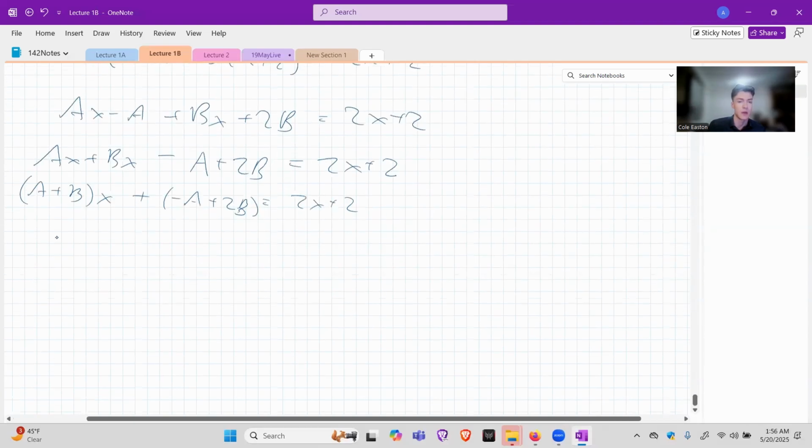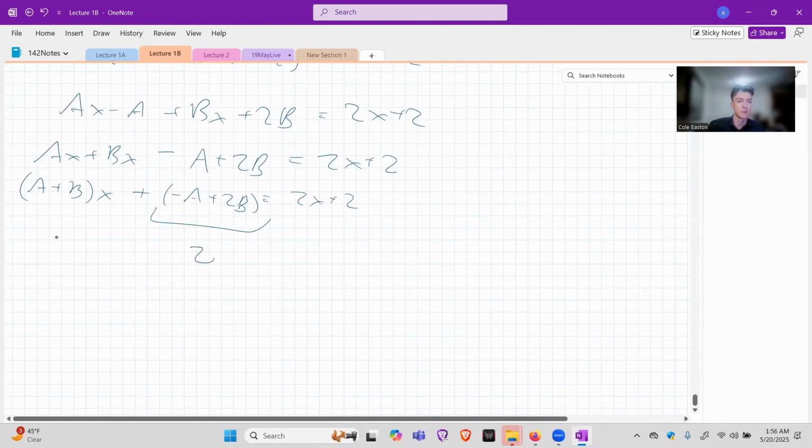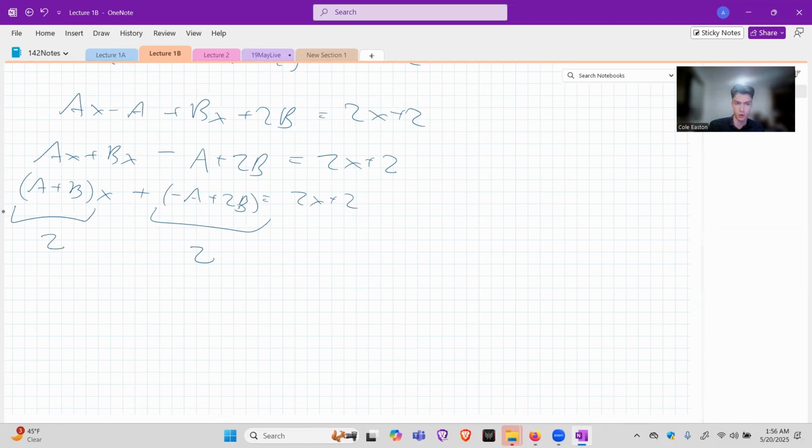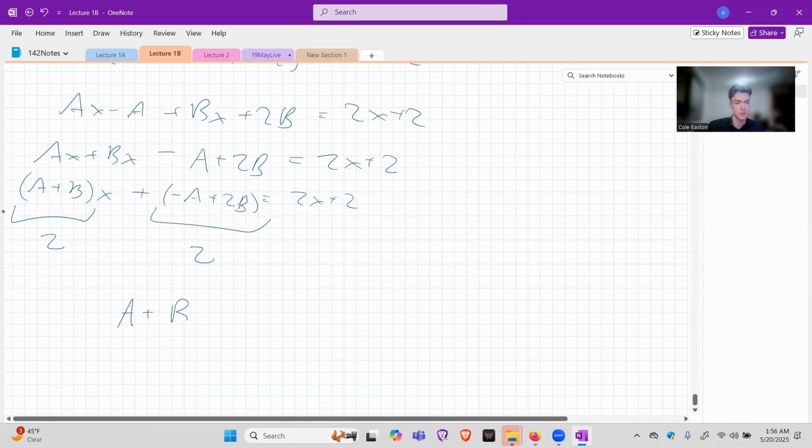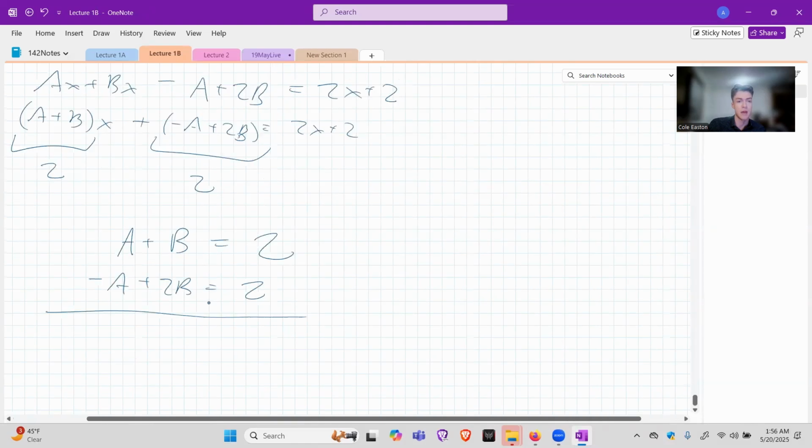And so we know that this right here is equal to 2, and this right here is also equal to 2. So one common technique here is to go a plus b equals 2, and then negative a plus 2b equals 2. I'm writing them on top of each other. And then I'm going to add these equations together.